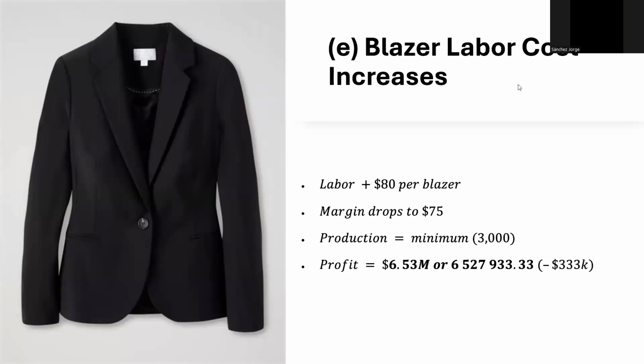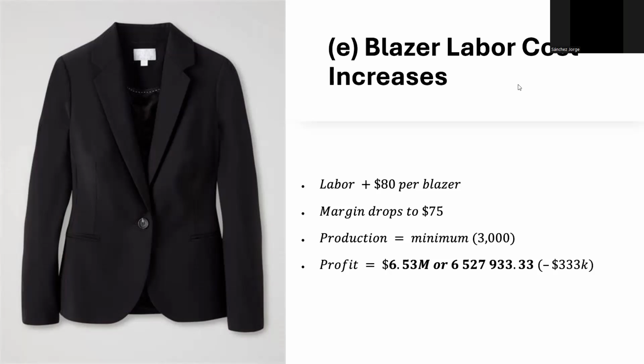So now for letter E, what happens if blazer labor costs go up by $80 per unit? Well, that drops the net margin of wool blazers from $155 to $75.